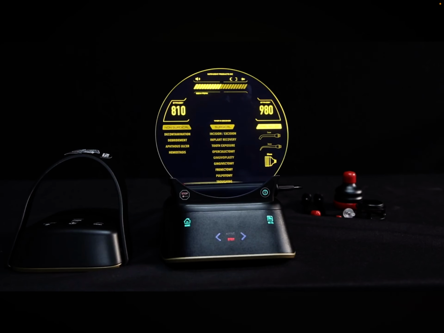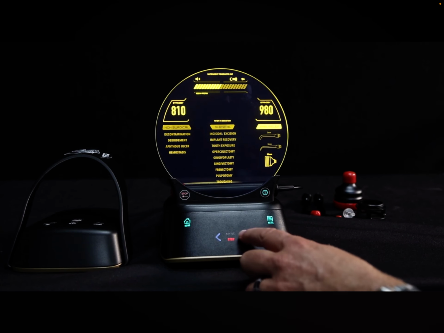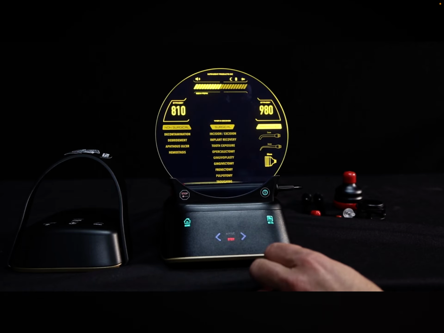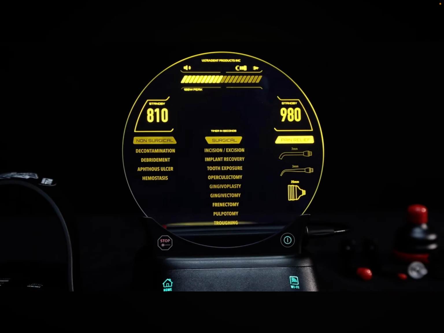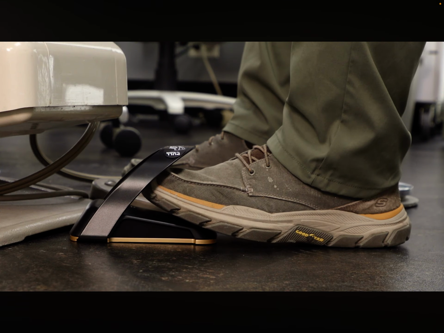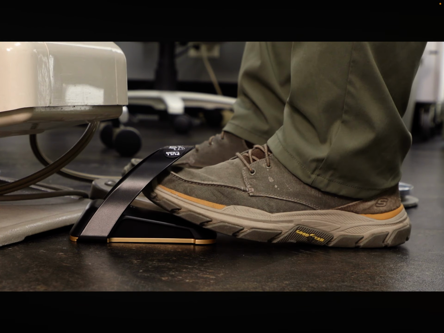The display will show time in seconds and can be adjusted with the right arrow by tapping for 1-second increments and holding for 10-second increments. The timer counts down in seconds and stops automatically after treatment time is completed. If the activation pedal is released mid-treatment, the timer will pause and will resume when the pedal is depressed again.